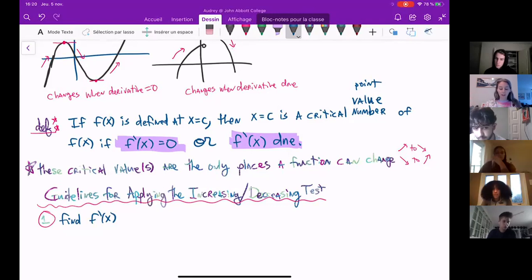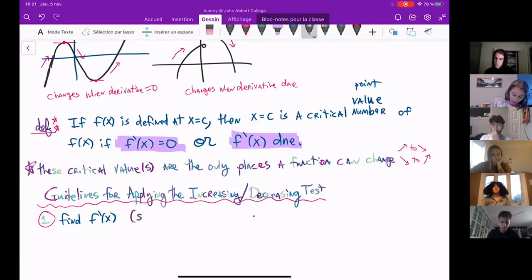That's the same thing as finding horizontal tangent lines. And hopefully you guys remember that to find horizontal tangent lines, we always want to simplify the derivative. So up here, we're going to say find f prime of x, and we want to simplify it because our next step is going to be to find the critical values.